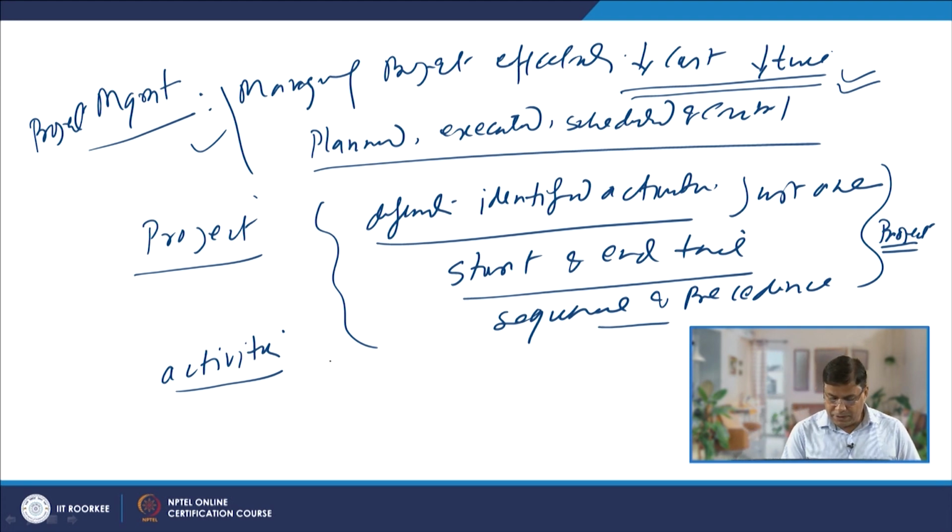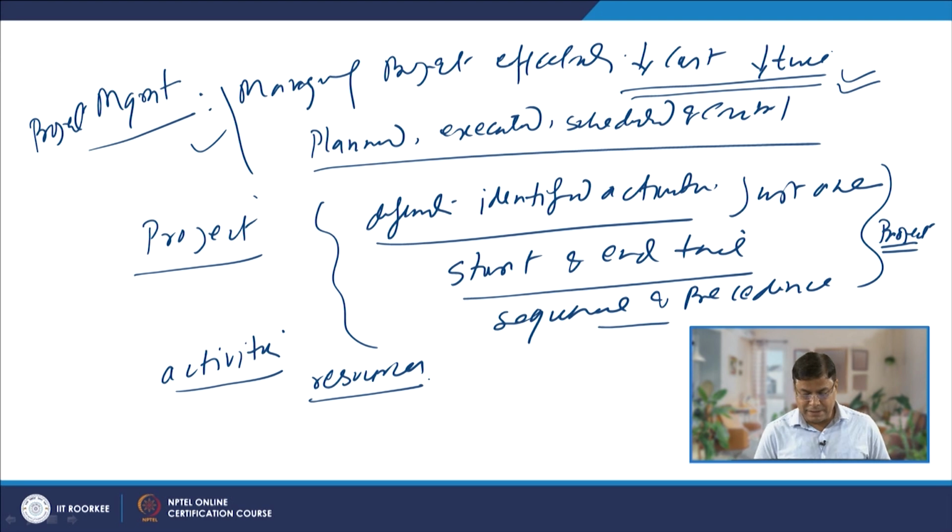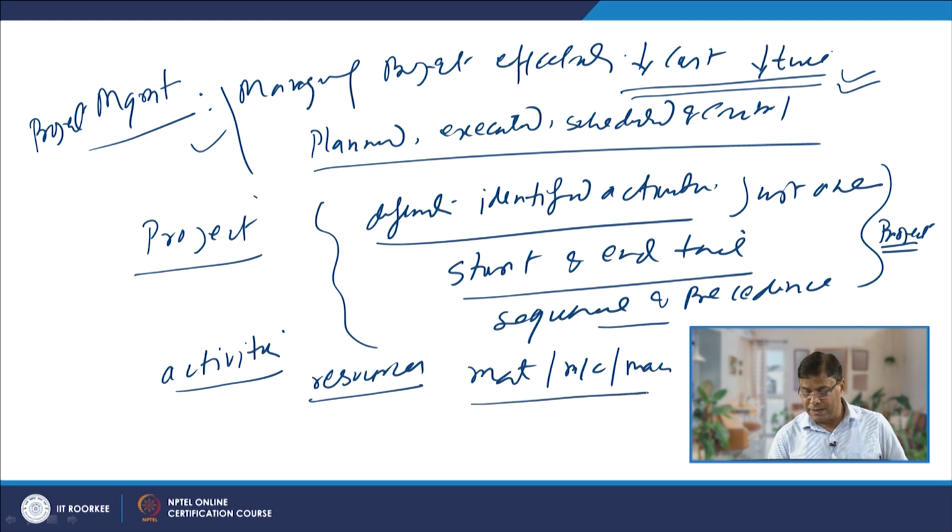When these activities are to be performed, they need resources. To perform them, whatever resources in the form of material, machines and manpower are needed have to be planned effectively, so that they are available whenever needed for timely completion of the activities.